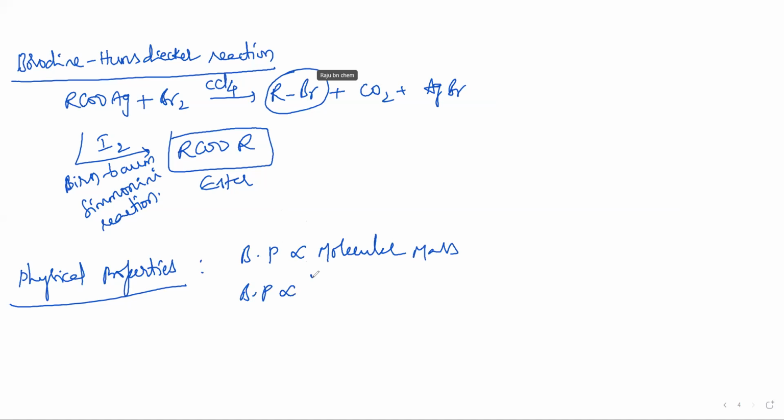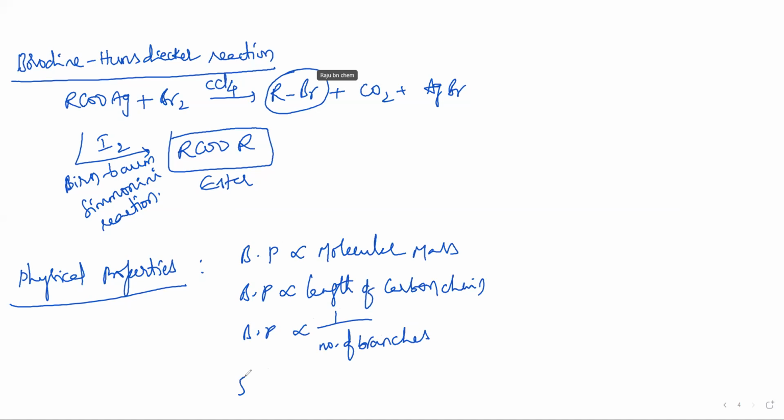Boiling point is directly proportional to length of carbon chain. Boiling point is inversely proportional to number of branches. One more property, solubility, is inversely proportional to molecular mass.